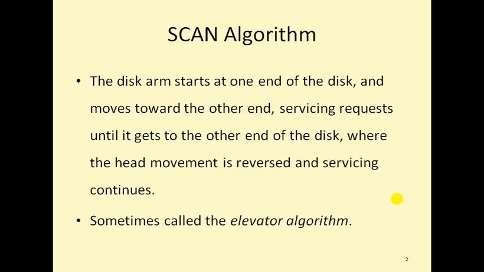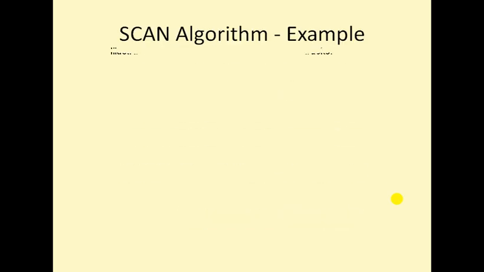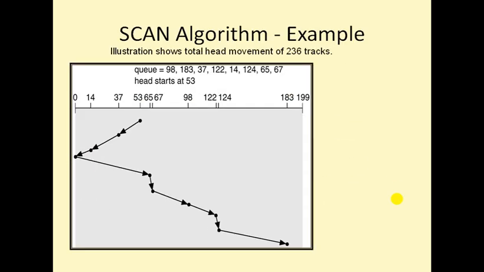Now we can understand the SCAN algorithm by taking one example. Here I have different track numbers available in the queue, and the head starts at position 53.